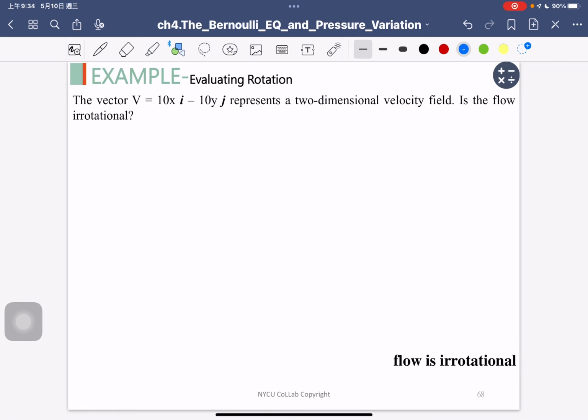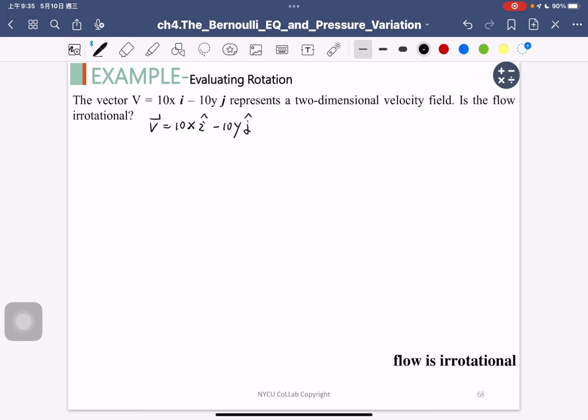When we see the flow and we know the flow velocity, as in the exercise showing here, the velocity vector is equal to 10x along the x direction, i, minus 10y along the y axis.